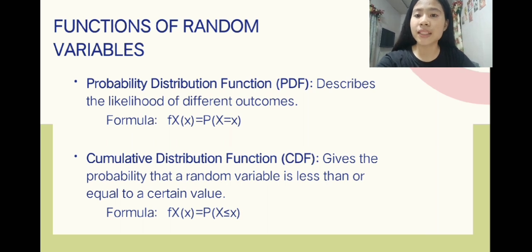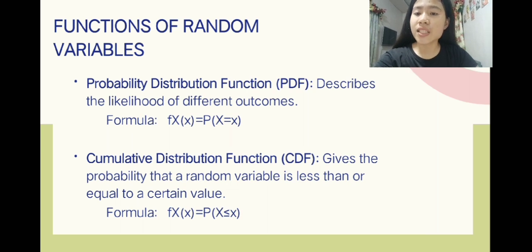The probability distribution function, or PDF, describes the likelihood of different outcomes. It is written as f sub X of x is equal to P of X equals x, which means the probability that the random variable X equals a specific value x.